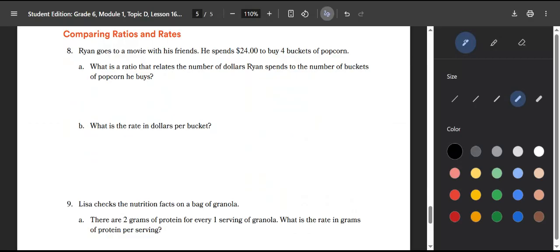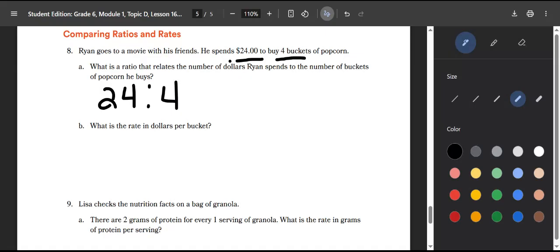Well, that's going to be 24 to 4, because a ratio that relates the number of dollars Ryan spends, $24, to the number of buckets he buys, 4 buckets for $24, is 24 to 4.